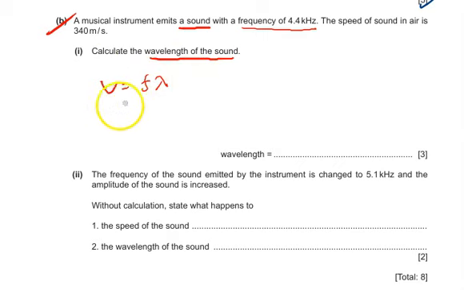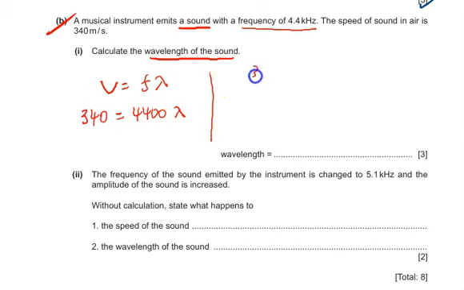So this is the wave equation, we call it. We can substitute this. Speed is 340 and the frequency we change to hertz, which means multiplying by 1000. So you get 4400, and here we'll have lambda. Lambda is the wavelength, so we have to divide.